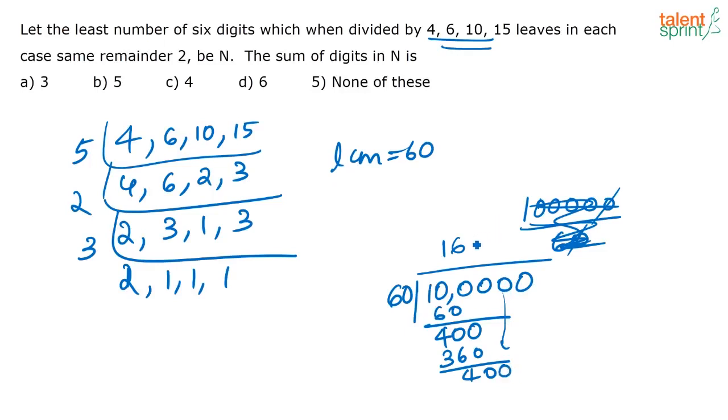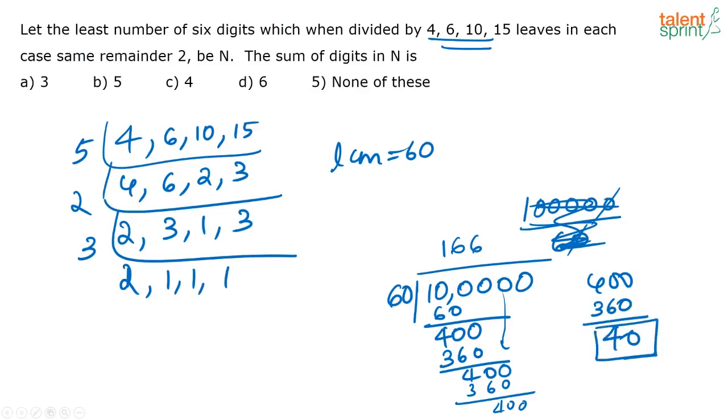Here you have 6, again 360, so you have 40, again you take the 0, 400, so again you will have 360. I am just writing it here. The remainder that you get here towards the end is 40. I have just written it here because I don't have space.